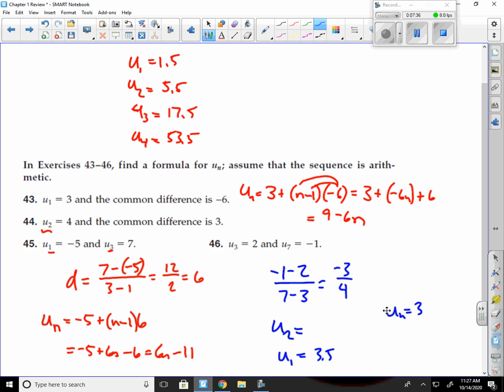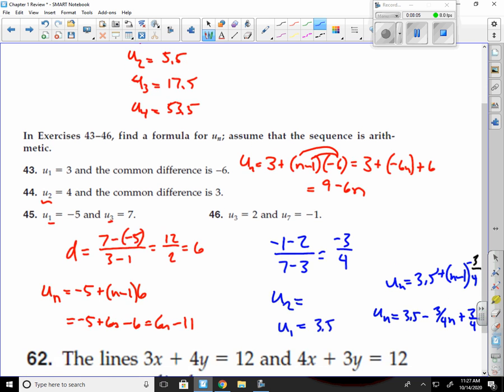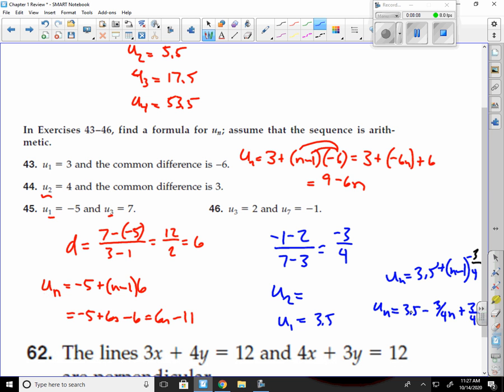Take that, u sub n equals 3.5 plus n minus 1 times negative 3/4. Distribute that negative 3/4, gives me negative 3/4 n plus 3/4. Then we just add the 3/4 to 3.5. That'll give us 4.25 minus 3/4 n.